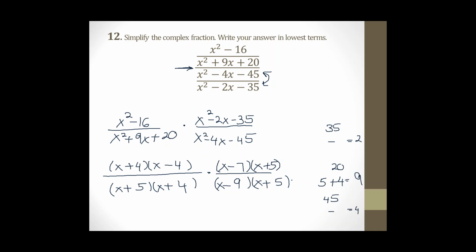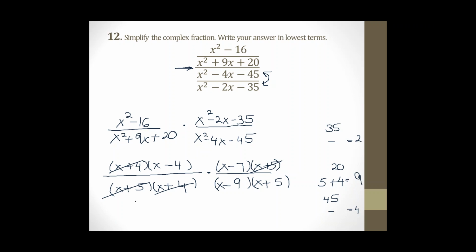Now we have to cancel out whatever is exactly the same. So starting over here, these are the same. Then x plus 5 and x plus 5 in the bottom, and nothing else.